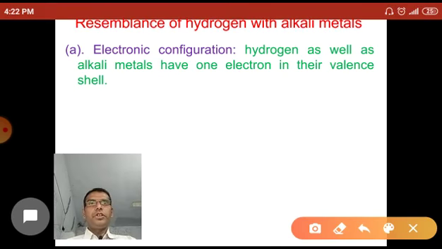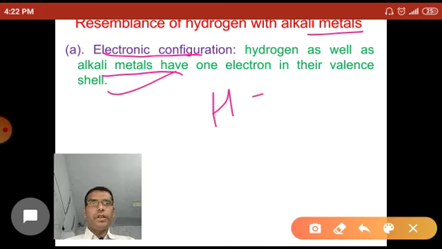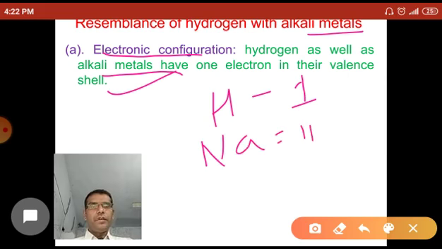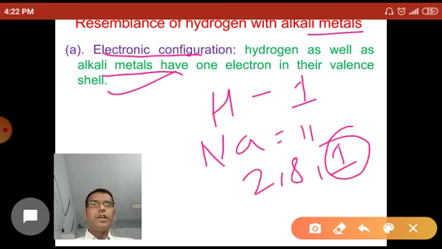Now, the resemblance of hydrogen with alkali metals. Some properties of hydrogen resemble alkali metals. Number 1, electronic configuration: hydrogen as well as alkali metals have 1 electron in their valence shell. If you consider sodium, atomic number 11, then 2, 8 and 1, so 1 electron in the valence shell.